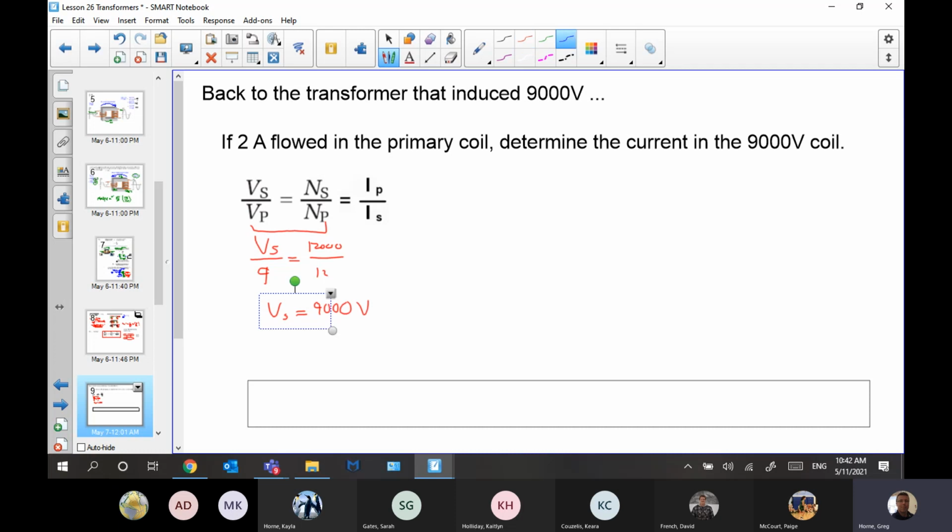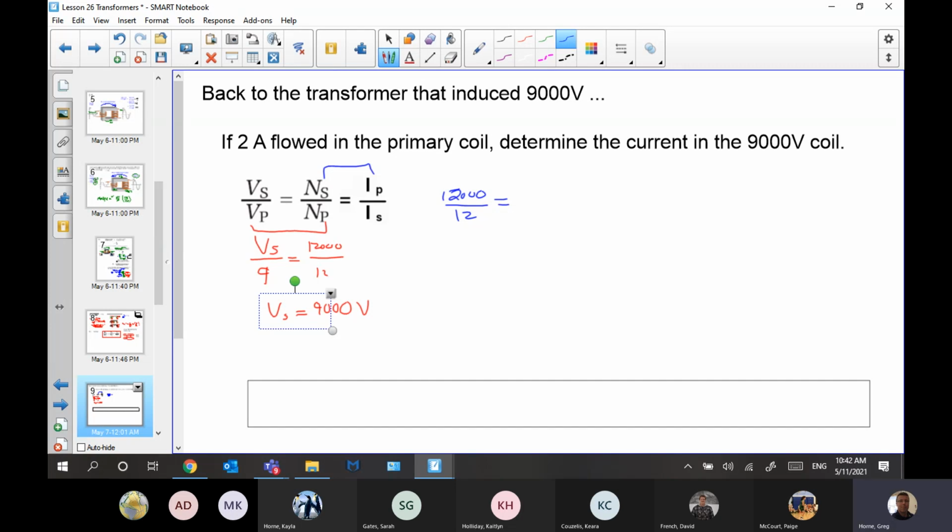What you do is then you say, oh, okay, well, let's work with the other part of the equation. And we say, okay, for that one, we've got the number on the secondary is still the 12,000, and the number on the primary is the 12.